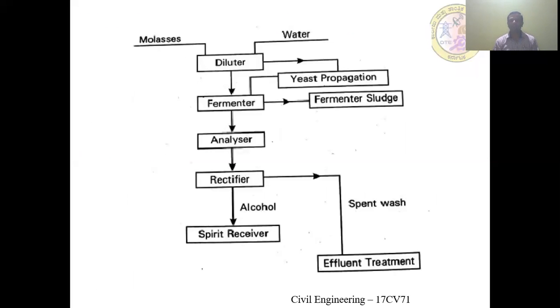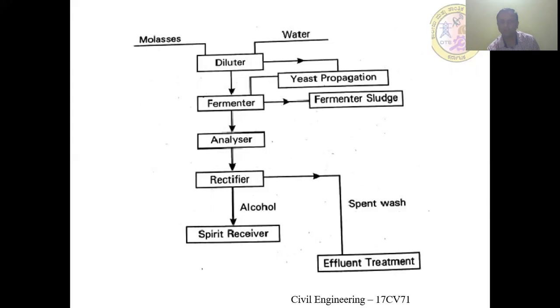So this is a flow chart of getting the alcohol. The first step is molasses, which you get from the sugar industry and dilute with water. Then by adding yeast, you send it to the fermenter. Then you analyze it at different temperatures where you can get the maximum fermentation product.